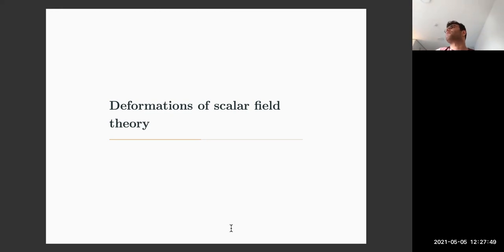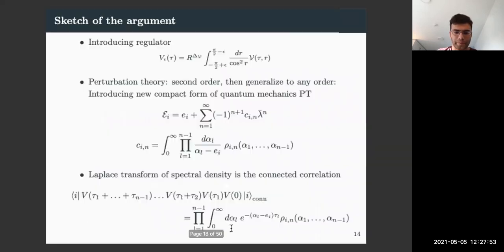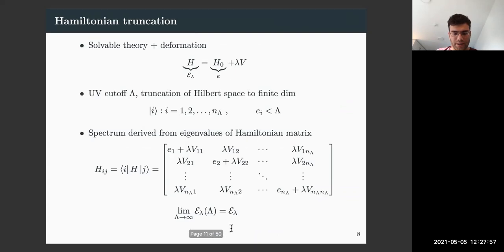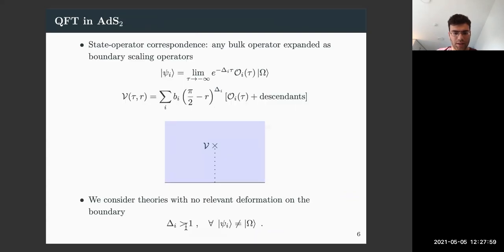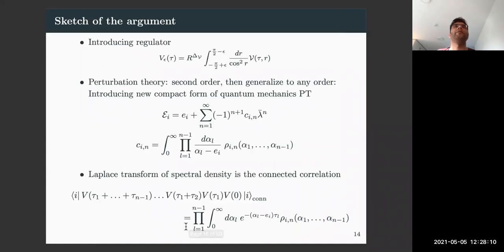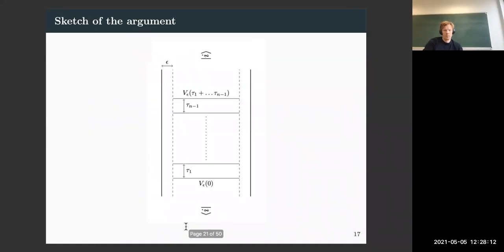We assume that this is happening. This is related to the part where we expect that the deformations have this delta bigger than 1. Yeah, we assume.